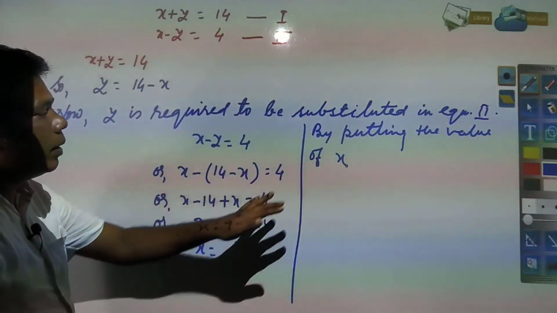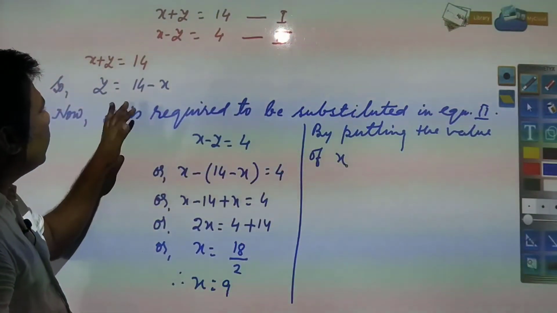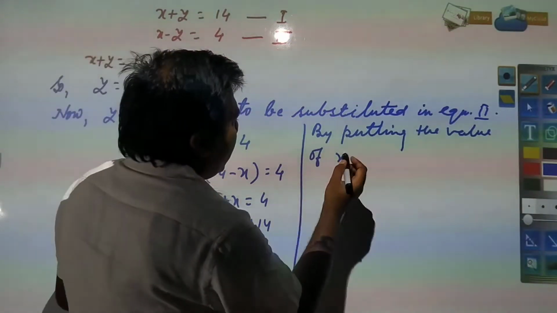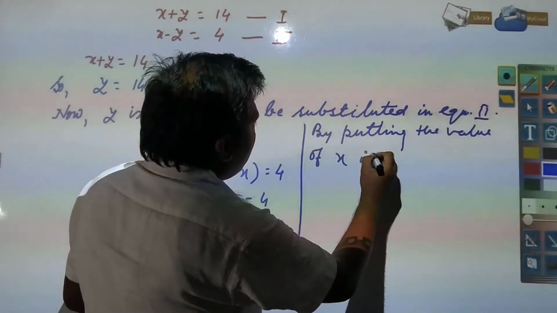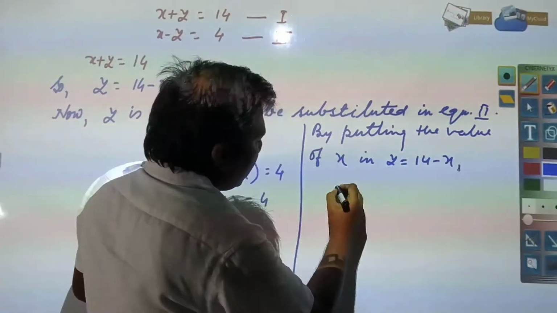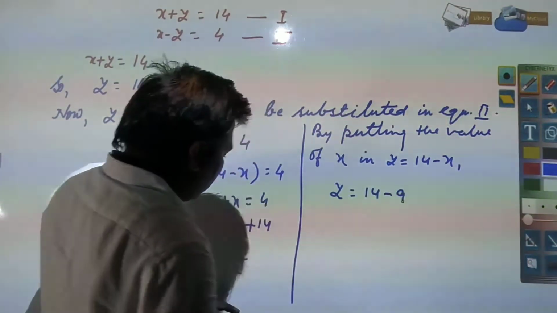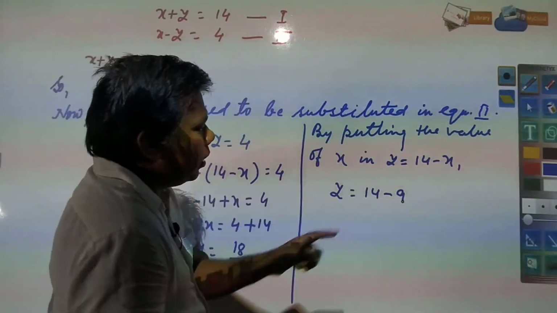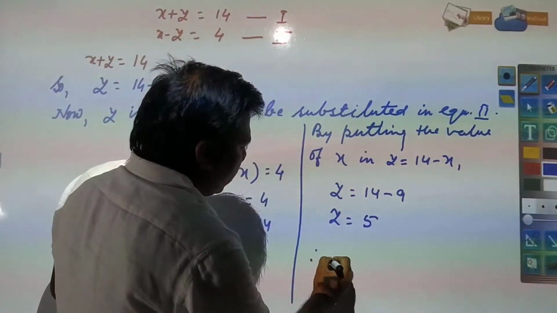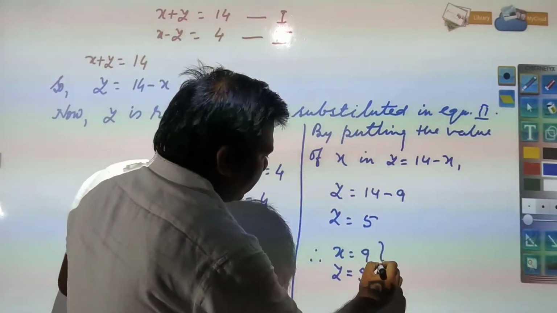Either you can put the value of x in any equation and find out, or otherwise just put it in y is equal to 14 minus x. What we will get? y is equal to 14 minus 9. You have x is equal to 9, so y will be equal to 5. Therefore x is equal to 9 and y is equal to 5, and this is your answer.